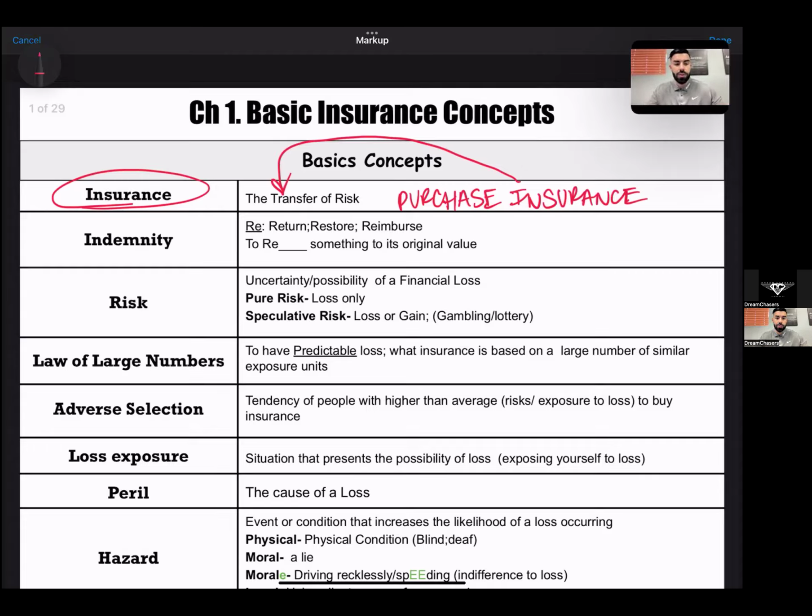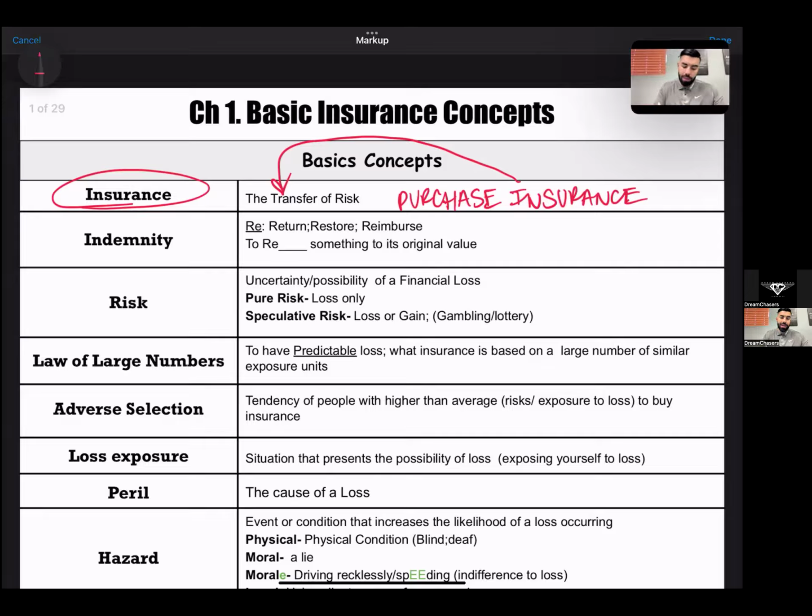If you think auto insurance, when you purchase auto insurance, you're transferring the risk of being in a car accident and having to pay to fix the car to Geico. Life insurance, you're transferring the risk from you to Primerica. In case a person passes away, Primerica is taking on the risk of paying out $250,000, the death benefit. So insurance is the transfer of risk from an individual to an insurance company, an insurer.